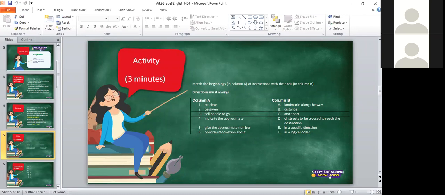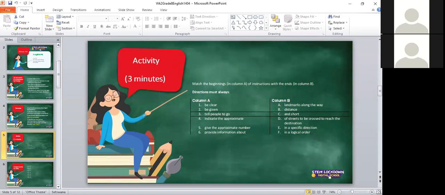Okay, yes, number 5 will be D: give the approximate number of streets to be crossed before you reach the destination. Yes, that would be correct.